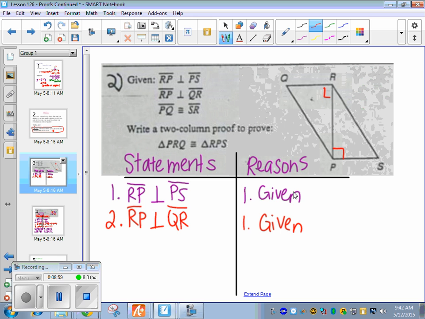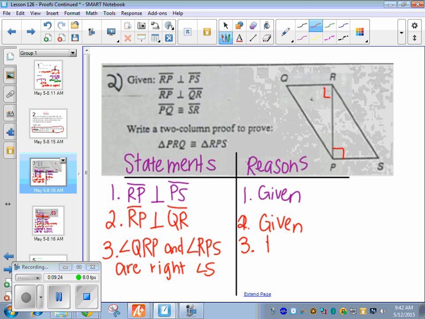Once we know that, we need to state that they are right angles. So we can state both of them at the same time, angle QRP and angle RPS are right angles. And the reason is definition of perpendicular.